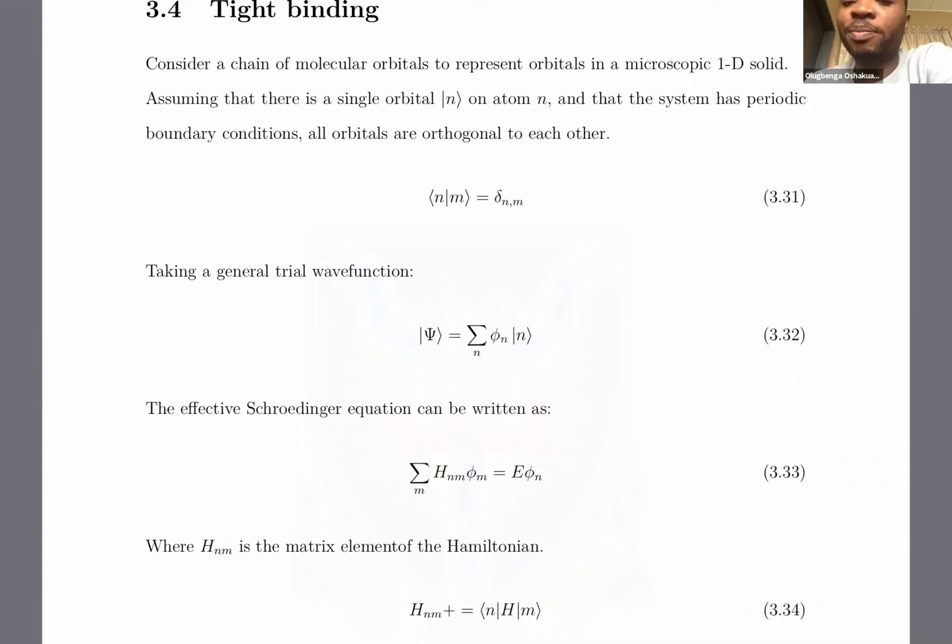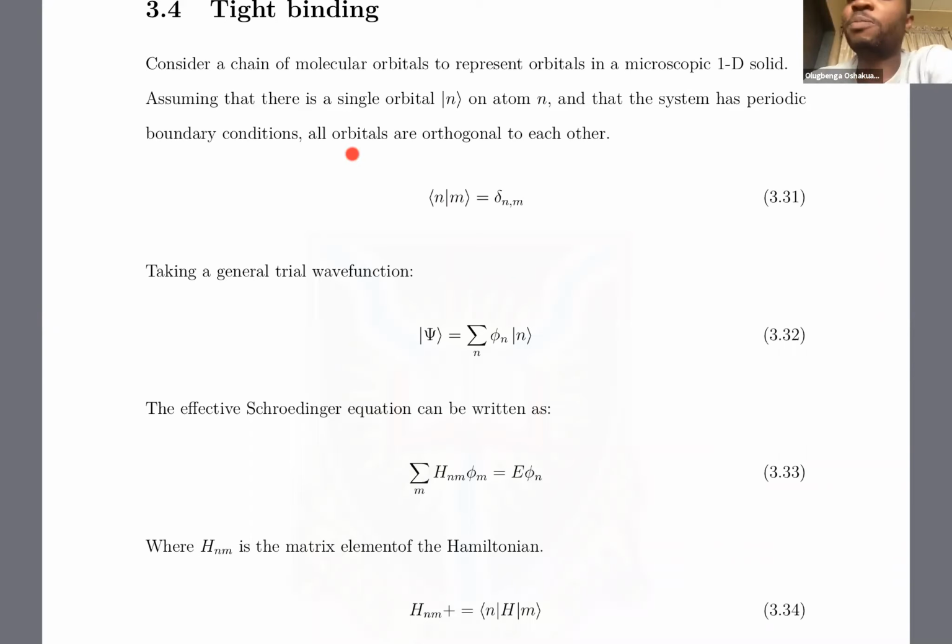This is called the Kronecker delta. Whenever n is not equal to m, this would be 0. Whenever n is equal to m, the Kronecker delta would be 1. So we are assuming that there is a single orbital n on atom n, and that the system has periodic boundary conditions.